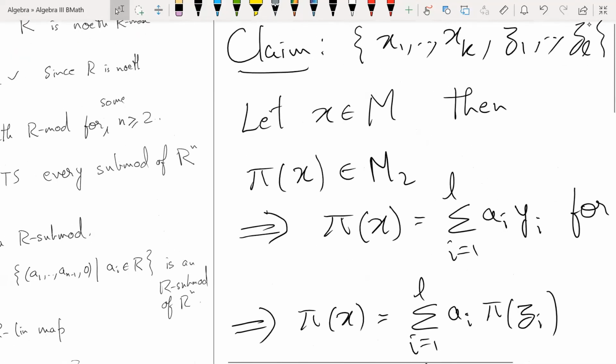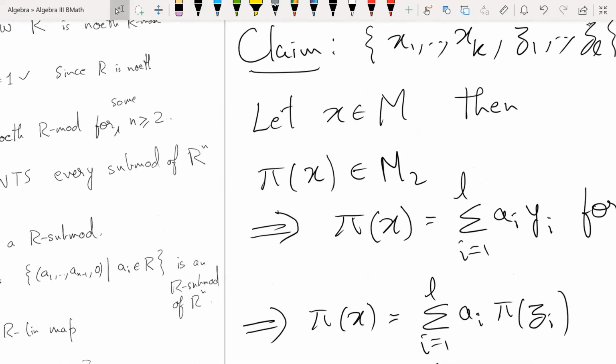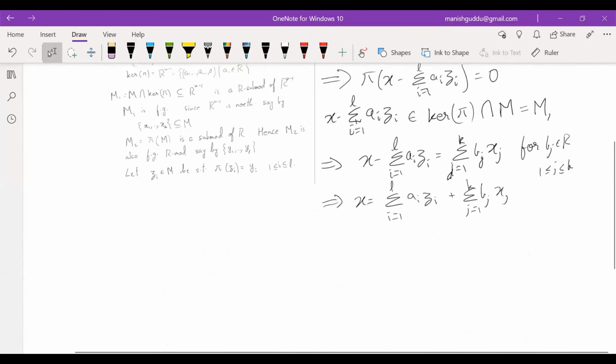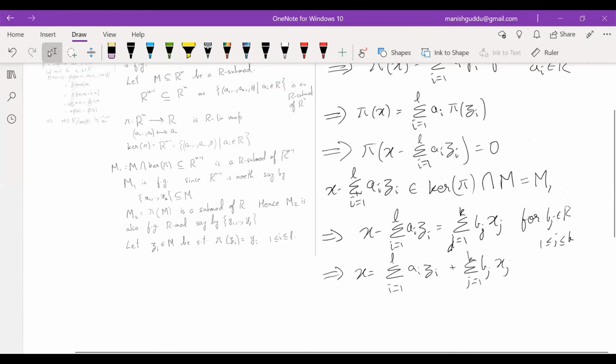Sorry, can we say anything in general about the submodules of Rn? Submodules of Rn, yes, meaning when R is not Noetherian? In general, R is not Noetherian, or what are you trying to say? No, it's not about deciding whether it is Noetherian or not.